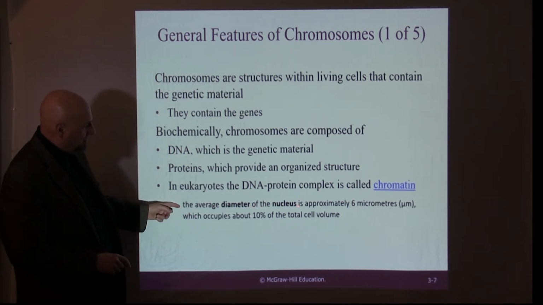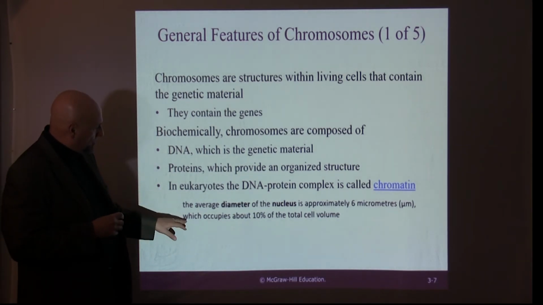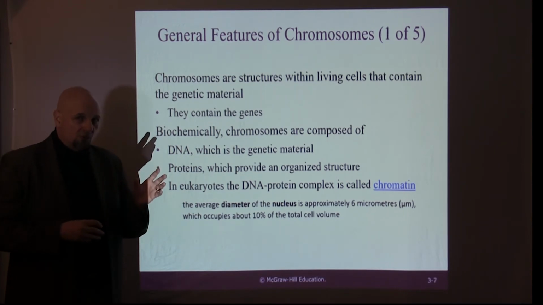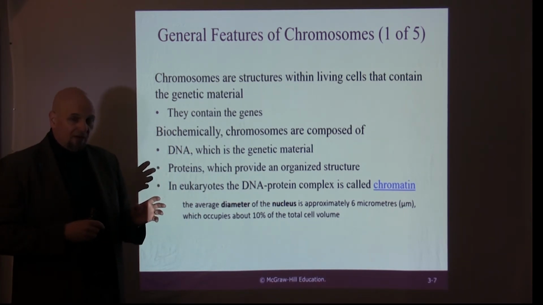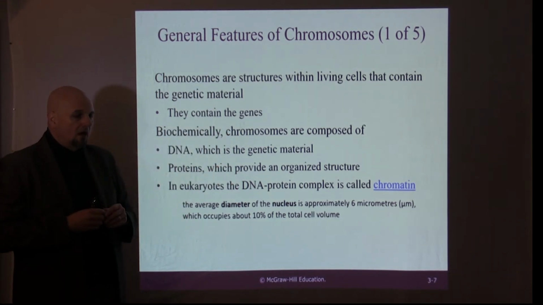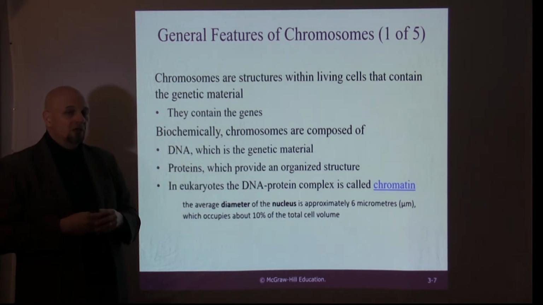The average diameter of a nucleus is about 6 micrometers, which occupies about 10% of the total cell volume. That's a very small amount, considering that if we put all the DNA from one single cell end to end, it would be almost 2 meters in length. That's a lot of DNA to put inside an area of only 6 micrometers.